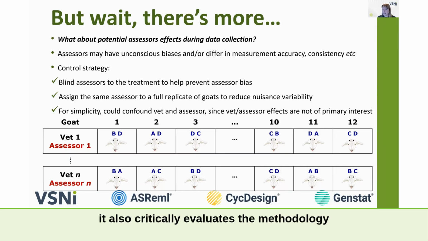And it also critically evaluates the methodology, including the experimental design, which is very helpful for identifying potential flaws before the experiment begins. And I think it's such an important process for helping to ensure ethical and robust science.